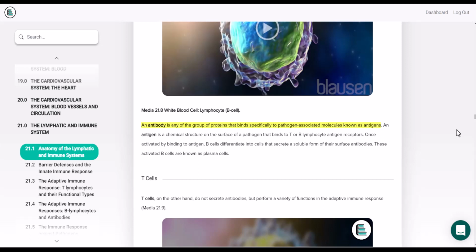So if you have a bacterial or a viral or a fungal infection, your body recognizes those foreign antigens as potentially harmful. And your body hopefully has antibodies that can seek out and destroy those foreign antigens.